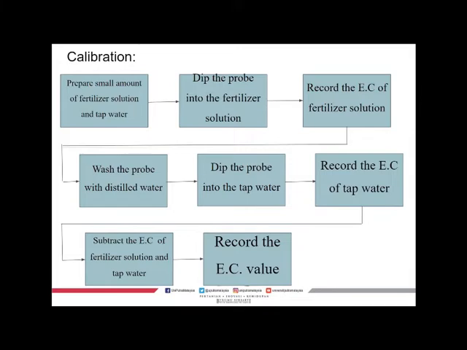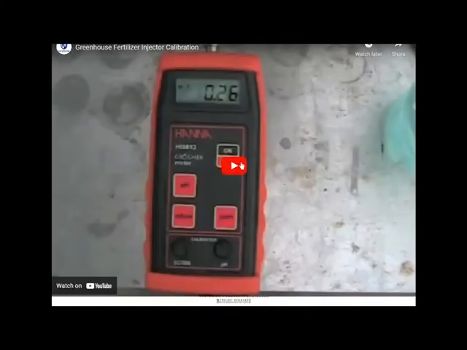And then we will dip the probe again into the tap water and record it. And then subtract the EC of the tap water from the EC of the fertilizer solution, and we will get the EC value that should be in the fertilizer. So there's a video that will show how to do the calibration. So yes, in the next slide there will be a video.